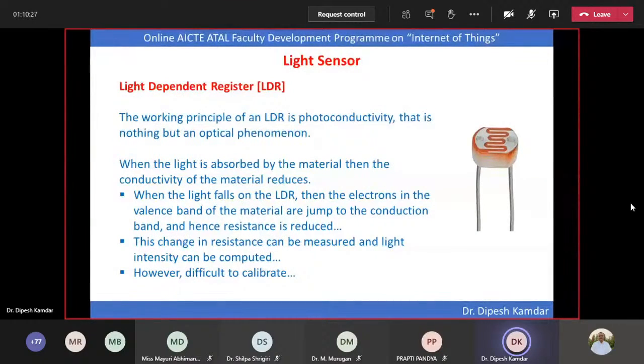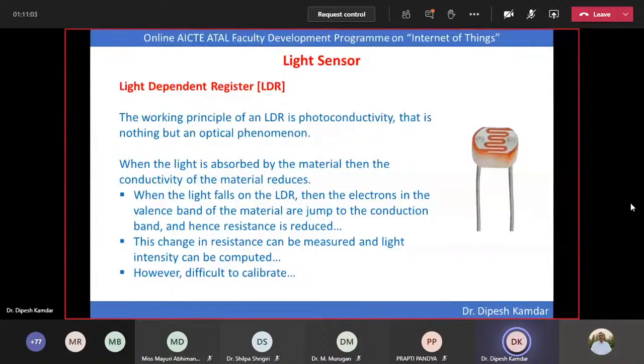From that change in resistance, we measure the amount of light falling on the surface, and based on that we can find out the light intensity. It's basically a non-linear sensor, so it's very difficult to calibrate. Sometimes intensity is not the intention, as in outdoor light control.